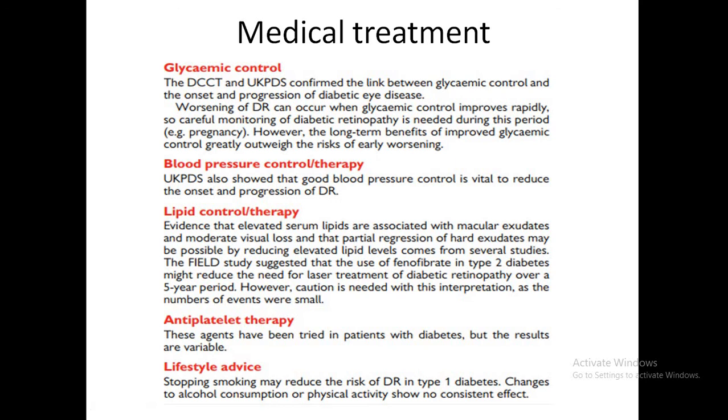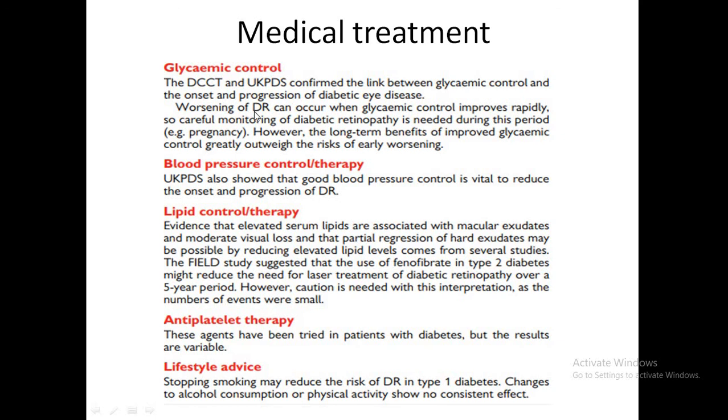So the medical treatment revolves around glycemic control, blood pressure, lipid control, antiplatelets, and lifestyle advice. Of these, we all know that if the glycemic control improves, the progression and the onset of diabetic eye disease is delayed.